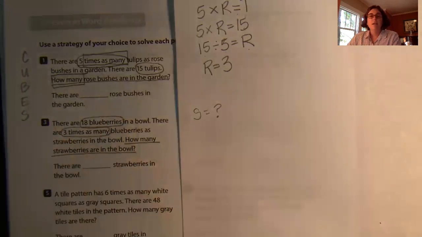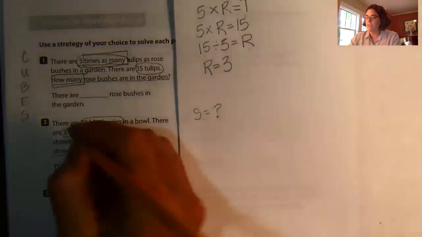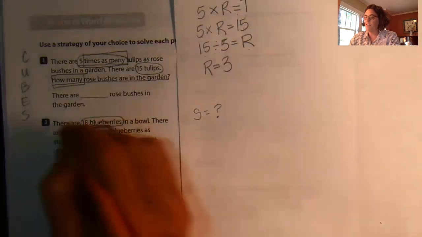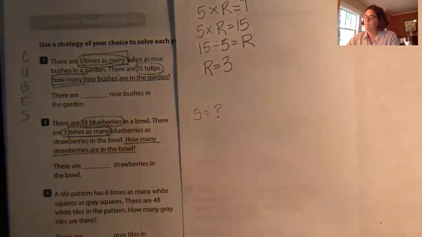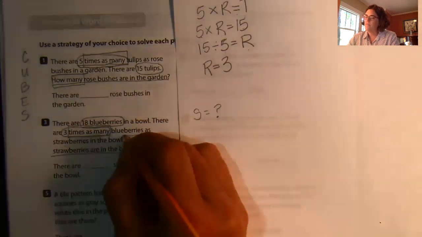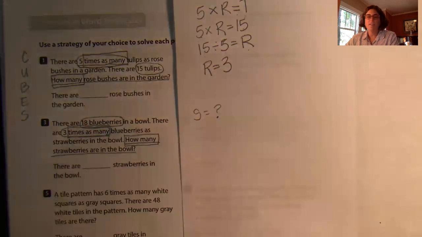All right, let's go ahead and box keywords. And just like the problem before, we are going to box times as many because that's an important key term. And we're also going to box how many. Very good. All right, let's take a look at this problem and break it down just like we did the problem beforehand.